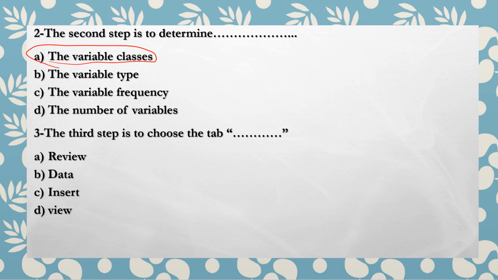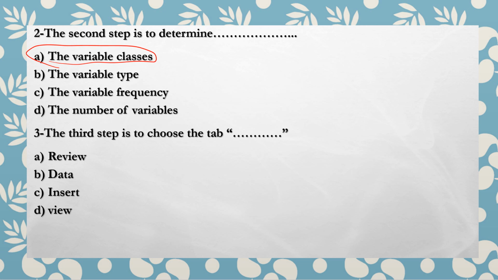Coding data alone is not enough for Excel to make a frequency table for you. So first you code the data and give numeric codes to all the qualitative data, and then the second step is to identify the variable classes for Excel.